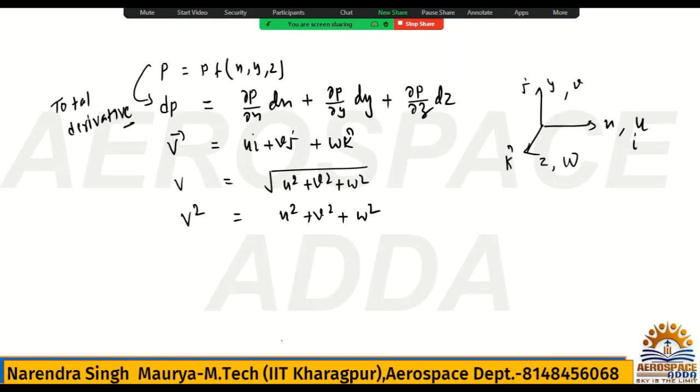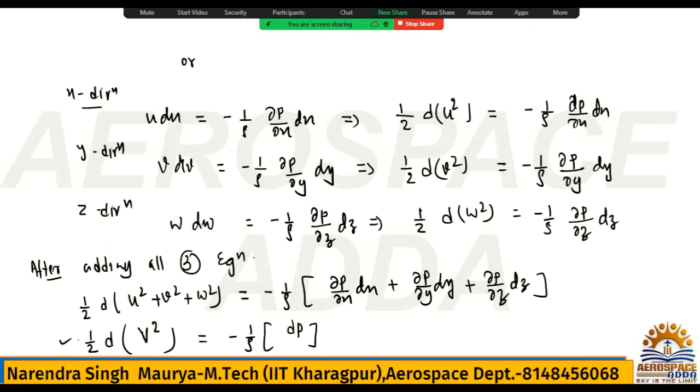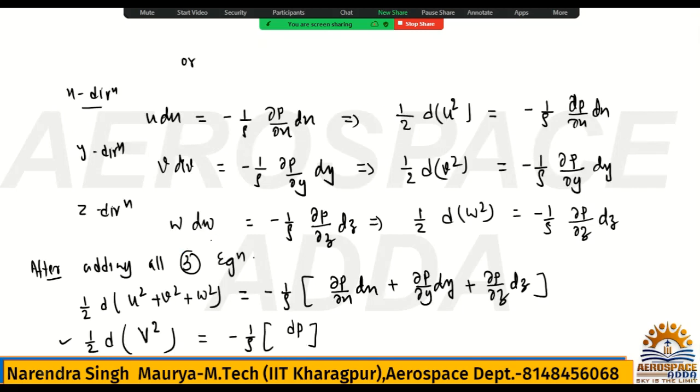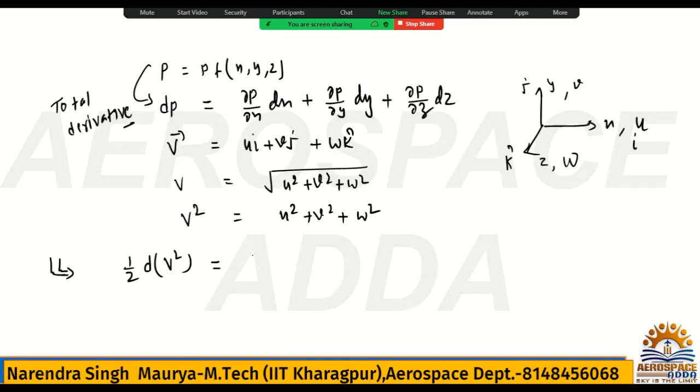Now you have this equation. I can rewrite it again. This is nothing but 1 by 2 d of capital V square, where this is capital V, is equal to minus 1 by rho into dp. Again, if I solve this, what can I get?